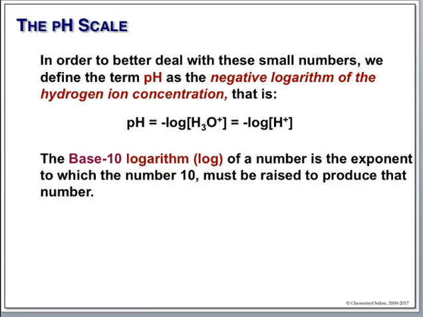Now, a base 10 logarithm, abbreviated log, is the exponent of the number that 10 must be raised to produce that number. Hard to say that smoothly, but we're really talking about an exponent. 10 to some exponent, 10 to the x.